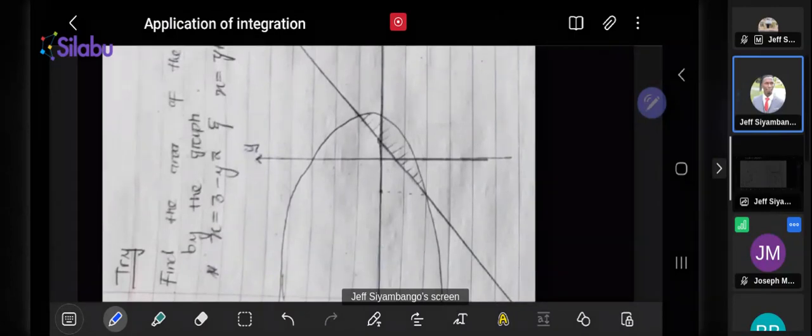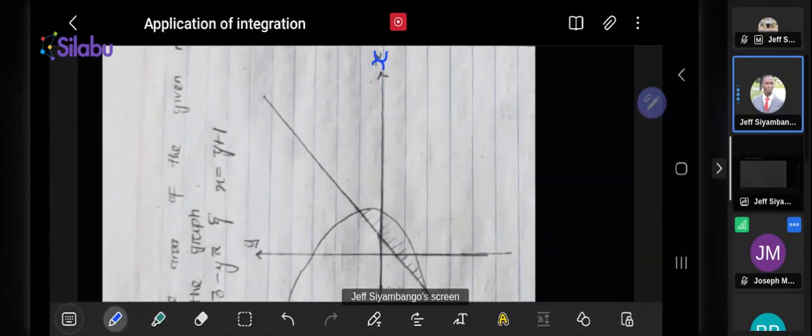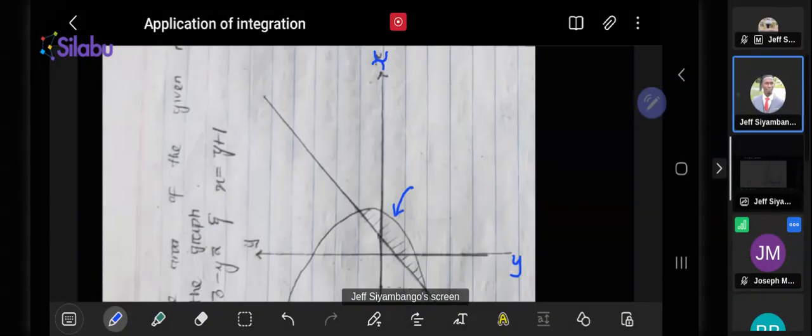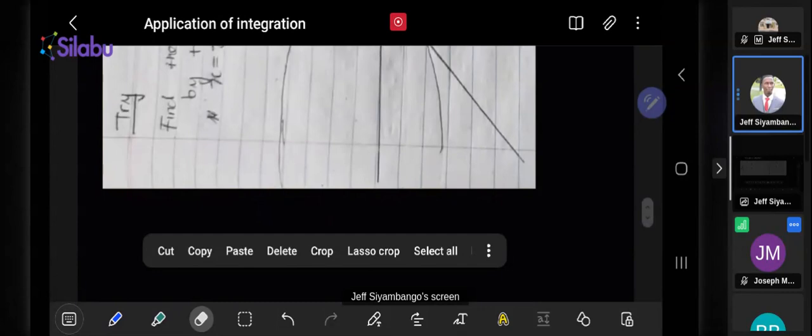I've rotated it such that y is in the position where you'd have x, and x is where you'd have y. Clearly now I hope you're seeing that this curve is the one which seems to be the upper bound. Now here, because it is in terms of y, you're not really looking at upper bound and lower bound. You're looking at to the right and to the left. Which one is the eastern boundary? Which one is the western boundary? That is what you have to see there. So let me rotate it back to its original orientation.